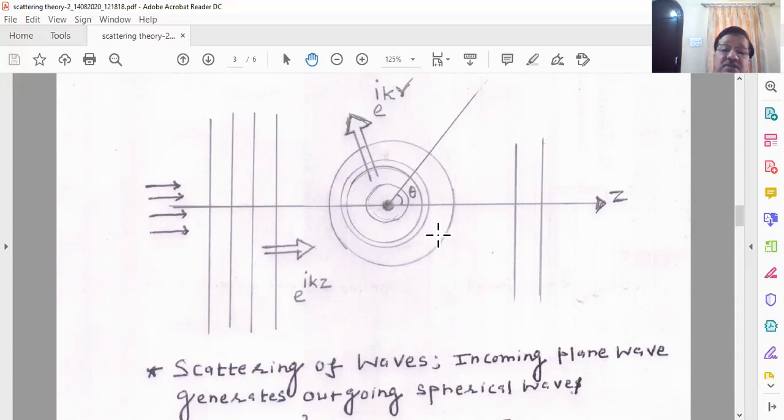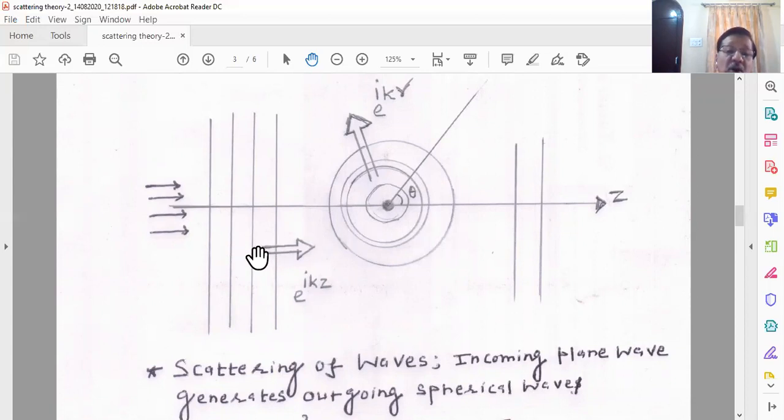These waves are characterized by their orbital angular quantum number L. When L is equal to 0, it is referred to as an S wave. When L is equal to 1, it is referred to as a P wave. Next lecture we will study the identification of the S wave, P wave, and D wave.